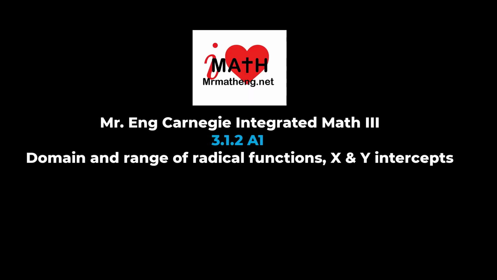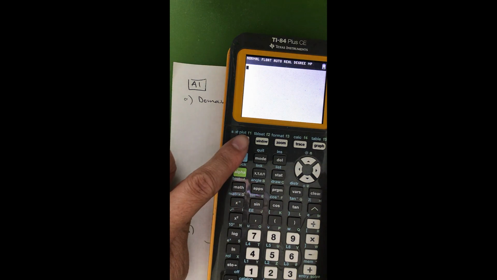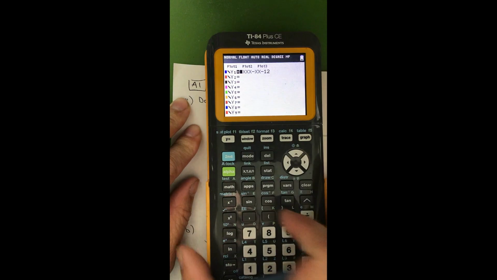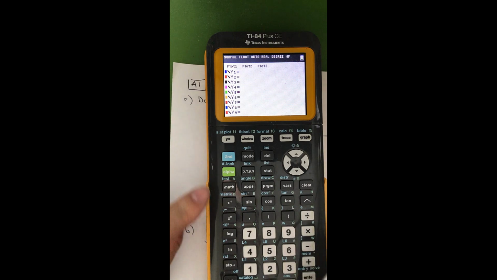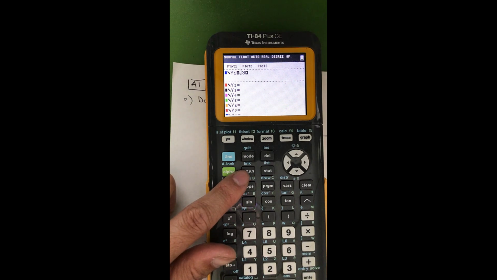All right, let's go ahead and complete A1, f of x equals the square root of 3x. You could just put that into the calculator. I'm going to press y equals up here, and clear this out. My square root button, again, is in blue in this calculator, so I'm going to press second, square root 3, and then the variable x.